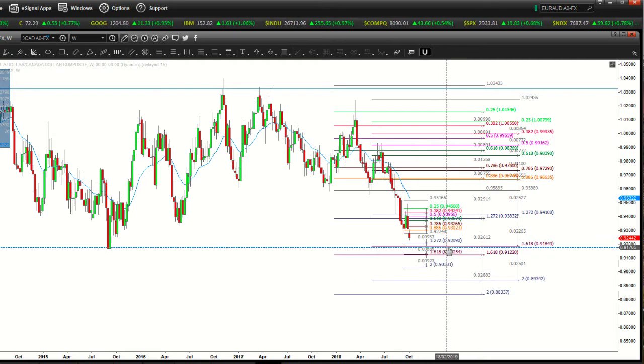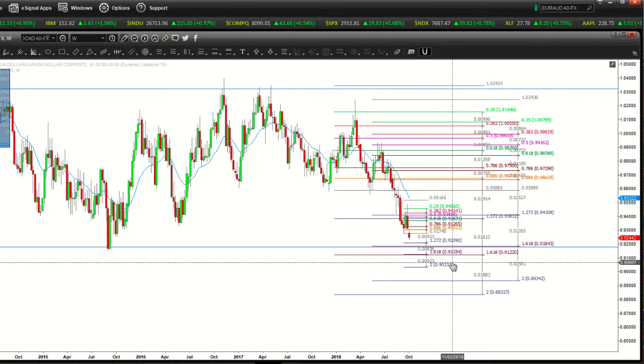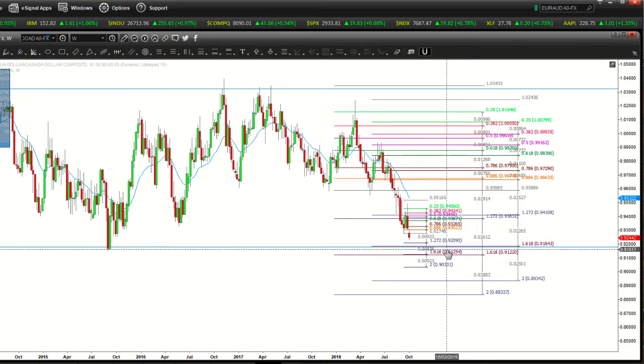But what supply and demand traders will typically do in this instance is have an order on the level, so here round about 0.9176, and their stop loss will depend on their risk appetite. So if they want to play it safe, they will have a much wider stop loss around about here. If they wanted to be aggressive, they would have a much smaller stop loss.